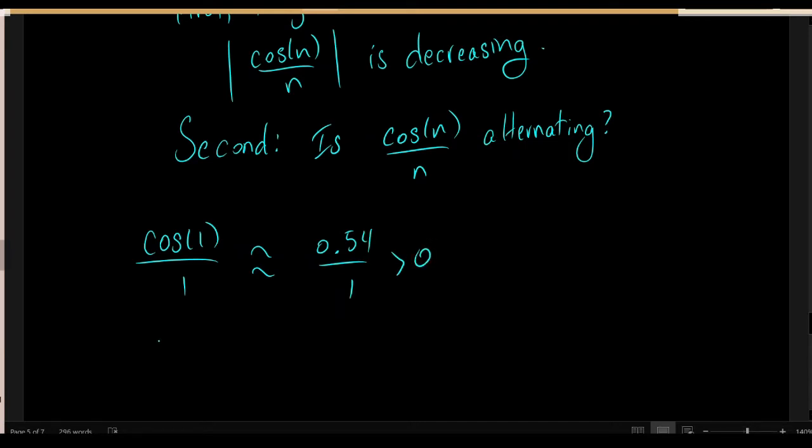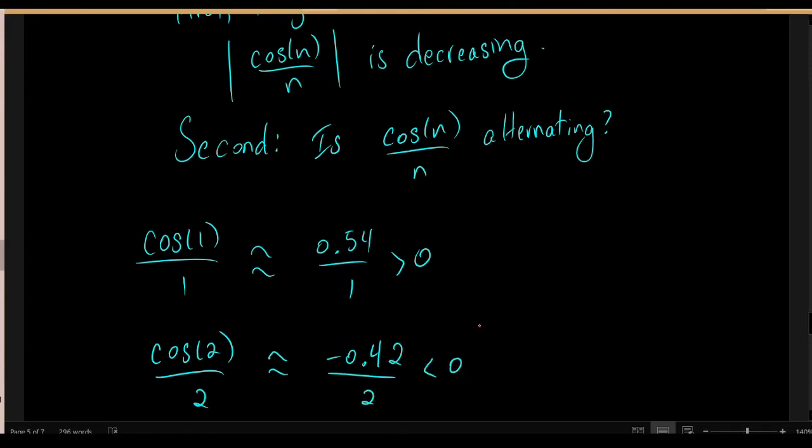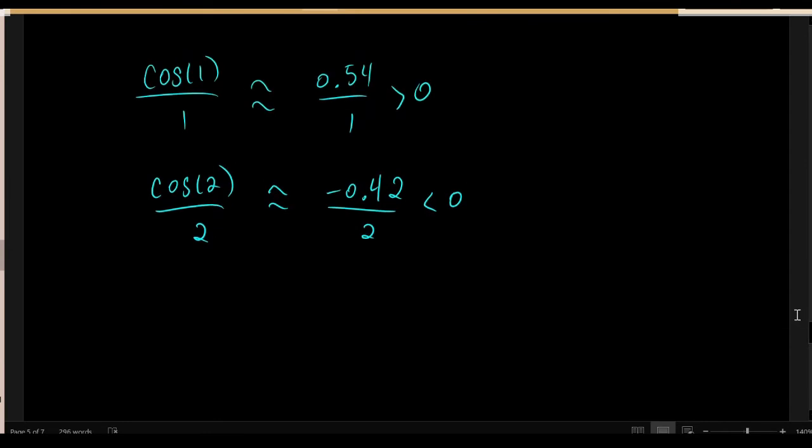Now if I look at the next term here, cosine 2 over 2, cosine of 2 radians works out to be negative 0.42, approximately speaking, and that's negative. So far, yes, so far we do have an alternation, but let's have a look at cosine of 3 and cosine 4.